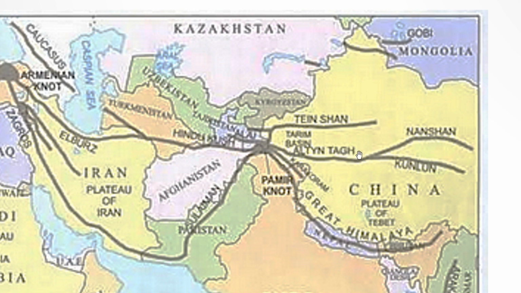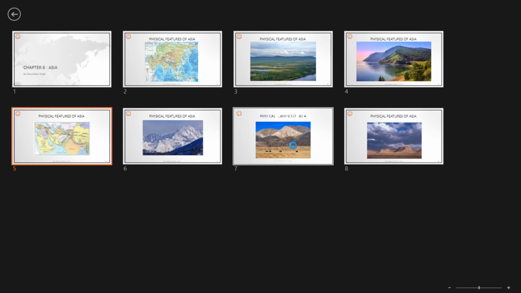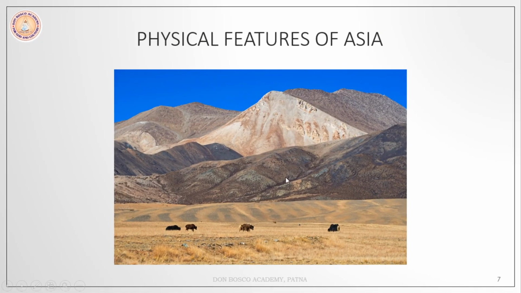We have the Alpine tag, which branches out into Nanshan and Kunlun, and in between the Kunlun and the Himalayas we have the great Plateau of Tibet, which is nearly 4,000 meters above the sea level and is known as the roof of the world.